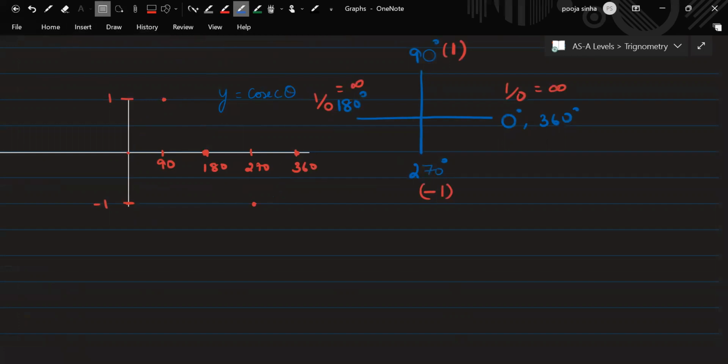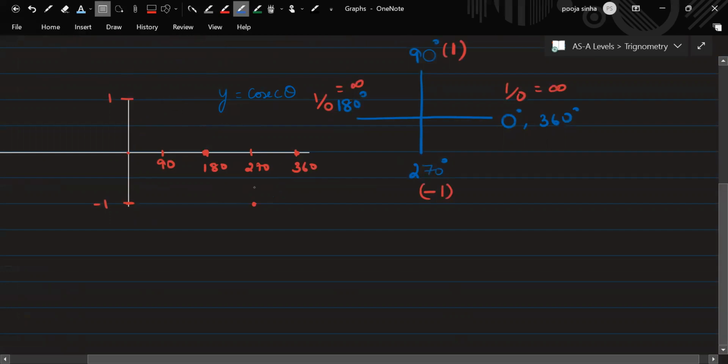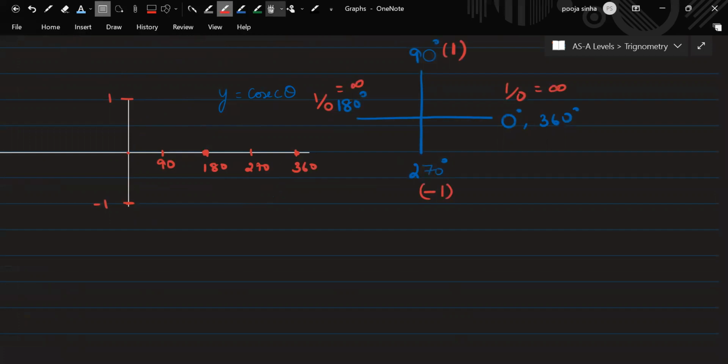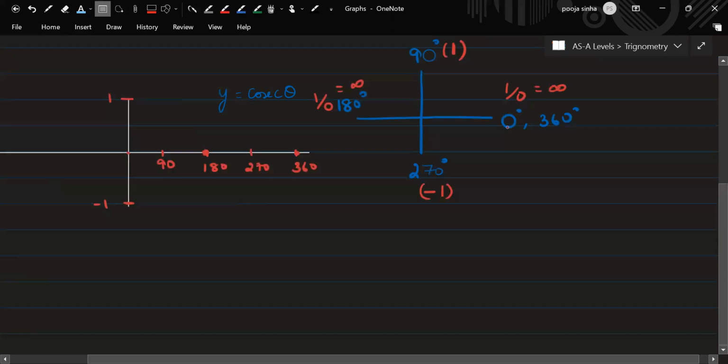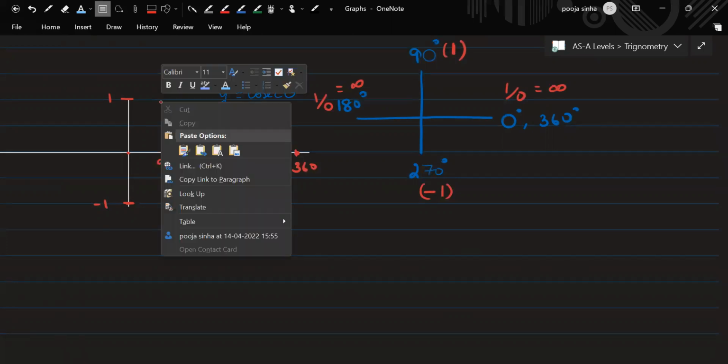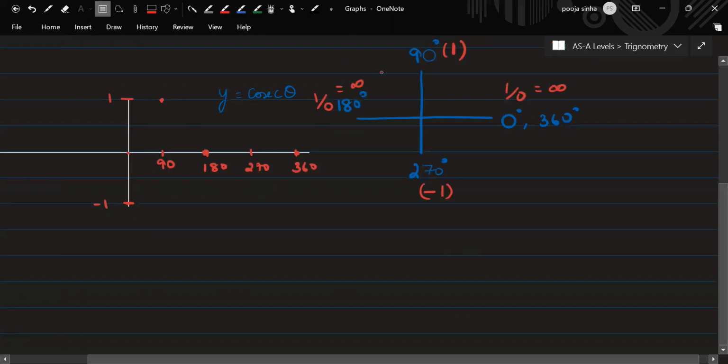Let's put our dots now. So for this one, our values, zara mujhe batao. At 0, it is infinity. I can't write anything there. At 90, it is 1. Hai na? At this 180, again, it is infinity. Okay? So wherever there is infinity, we always put an asymptote there.